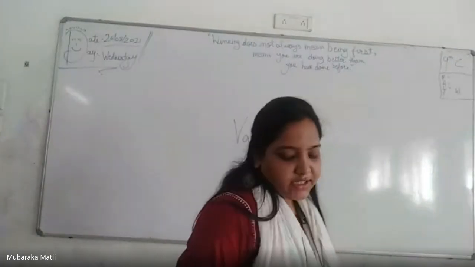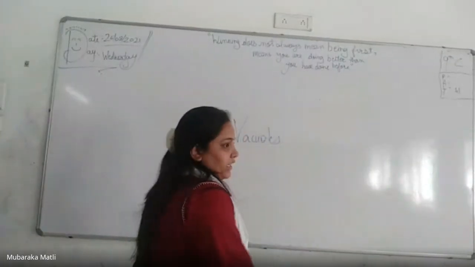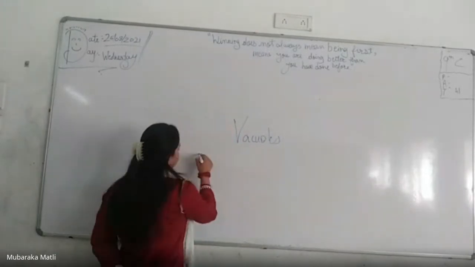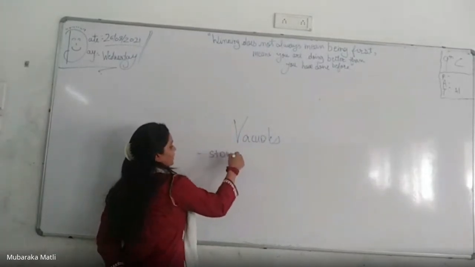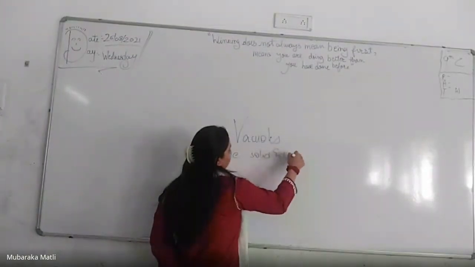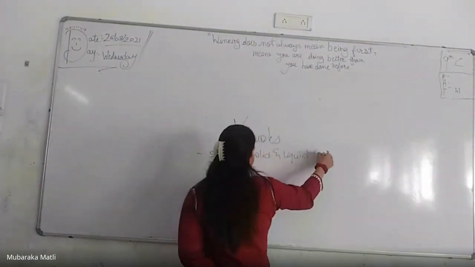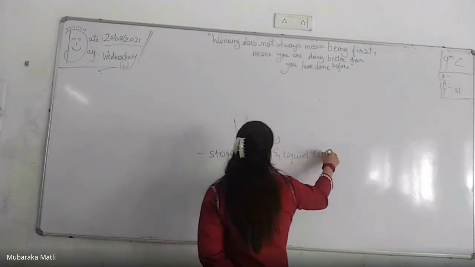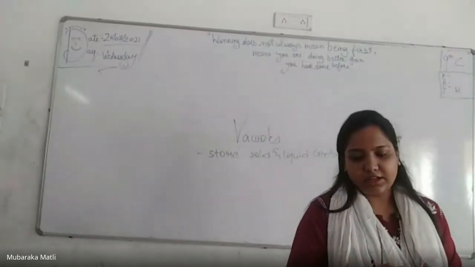Vacuoles are storage sacs for solid and liquid contents. Vacuoles, can we write like this? Store solid and liquid content. Okay. Then what else?